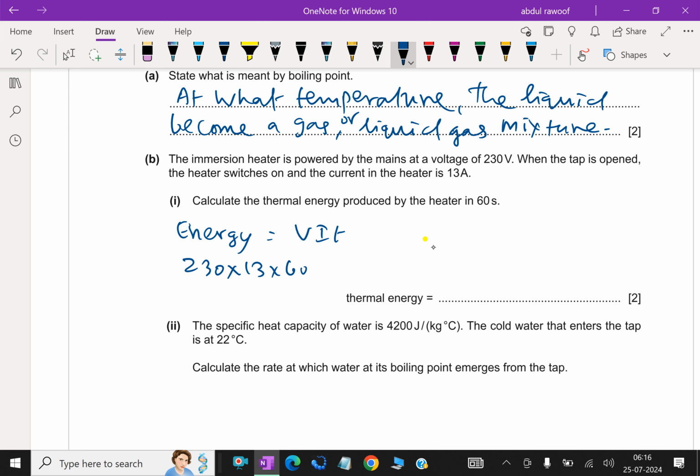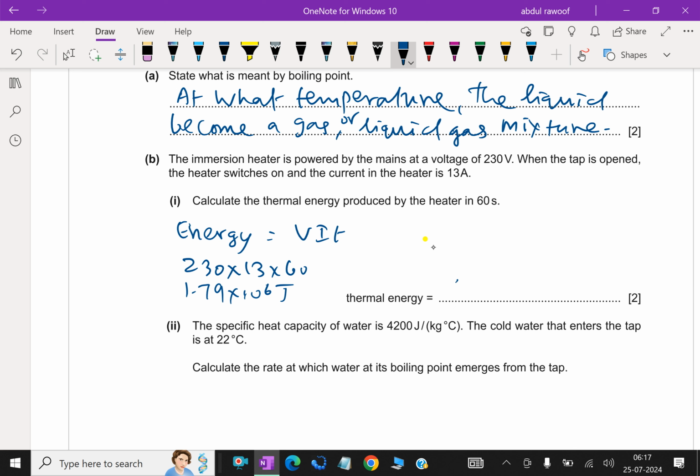You can calculate this by calculator: 230 into 13 into 60, which is equal to 1.79 into 10 raised to 6 joules.